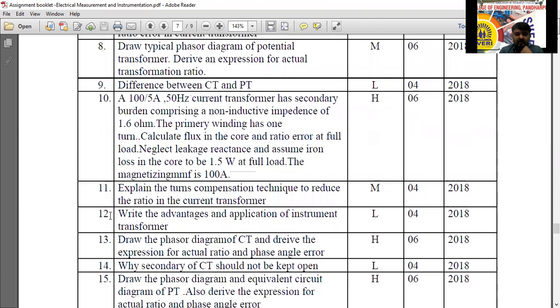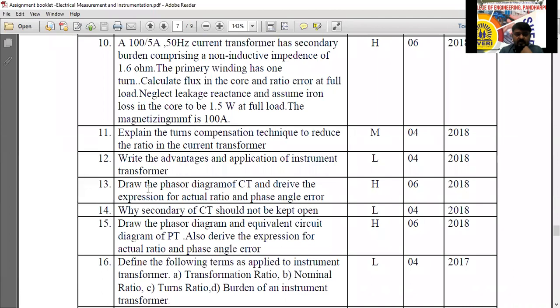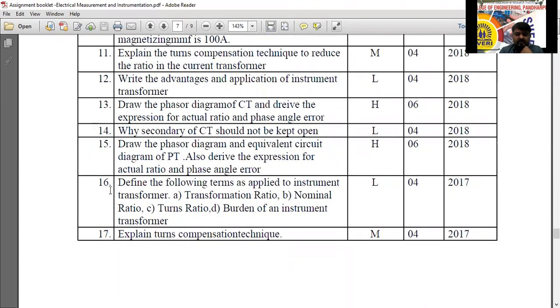Then 13, 16. Define the following terms: the transformation ratio, nominal ratio, turns ratio, burden of a transformer.